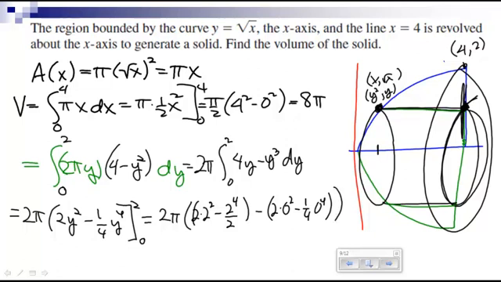Second set of parentheses. And I think we all recognize that this is just a big whopping 0. That gives us 2 pi times 8 minus.